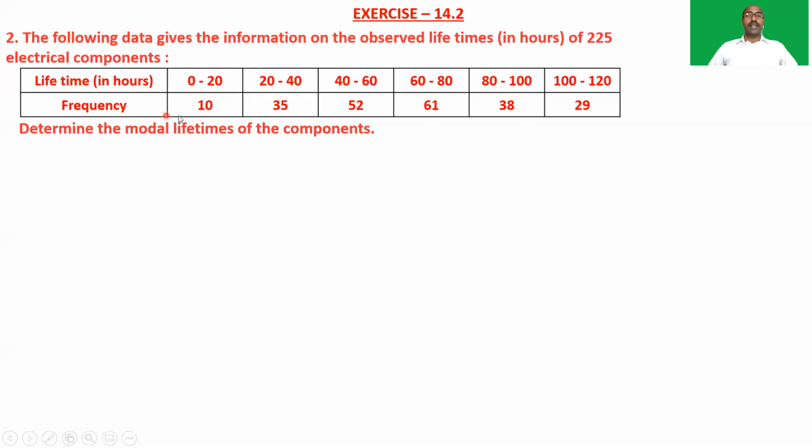The number of components having a lifetime between 0 to 20 hours is 10, and from 20 hours to below 40 hours is 35, and so on. 40 to 60 is 52, 60 to 80 is 61, 80 to 100 is 38, and 100 to 120 is 29.